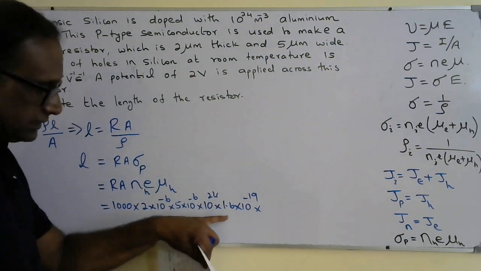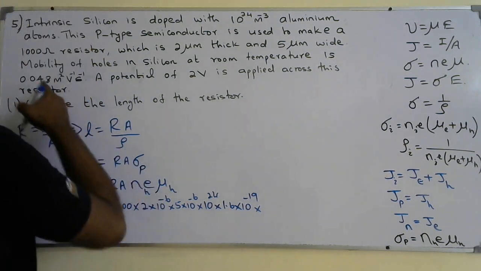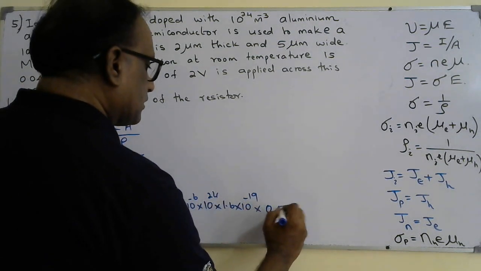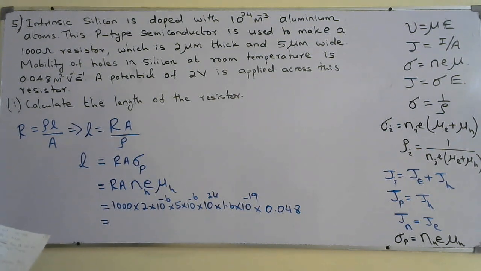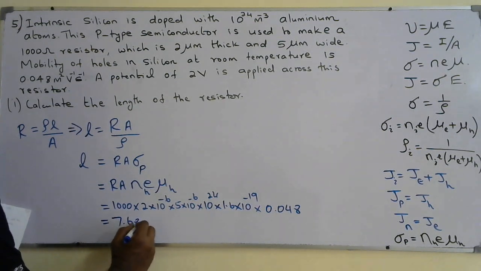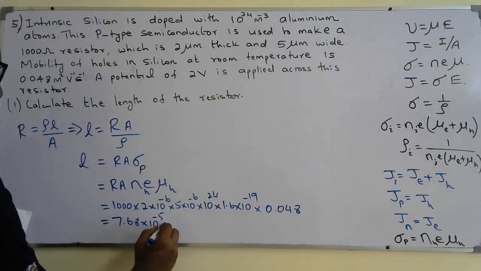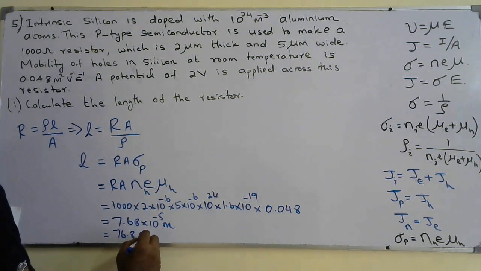Mu H, the mobility of holes, is 0.048. That's all. Solve it and you'll get the length in meters, that is 7.68 times 10 to the power minus 5 meter. If you put it in micrometers, 76.8 micrometer.